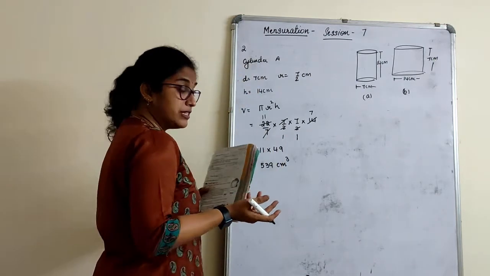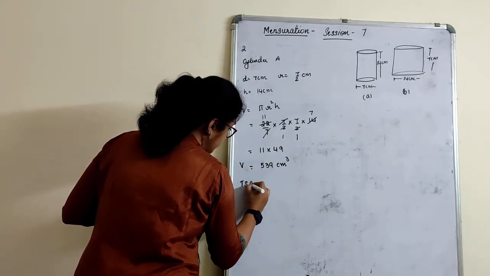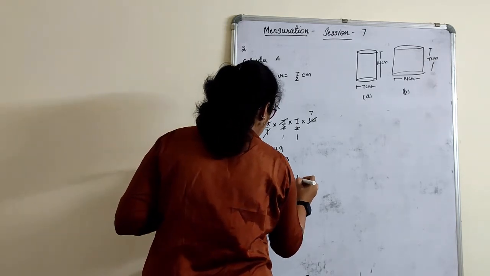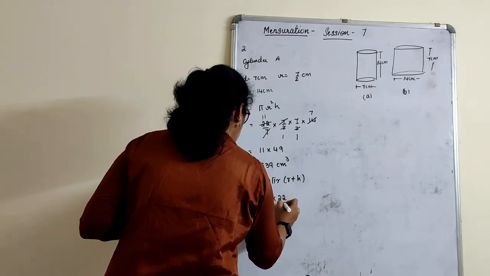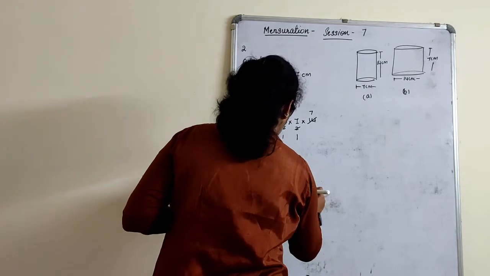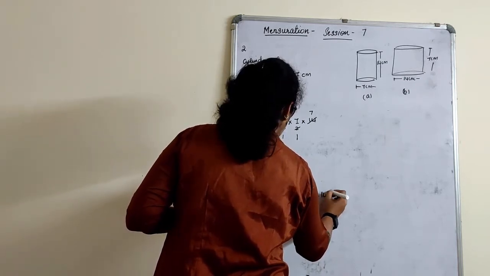We'll find out the surface area also. TSA is 2 pi r of r plus h. So 2 into 22 by 7 into 7 by 2 into r is 7 by 2 plus h is 14.